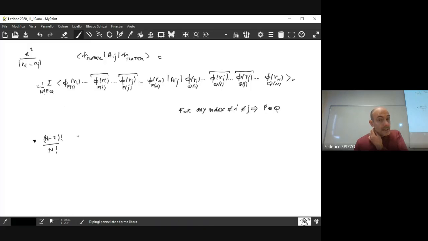Okay, at this time we are left with, if we now consider Pi and Pj and Qi and Qj, the P and Q permutations have to be equal apart from index i and index j.